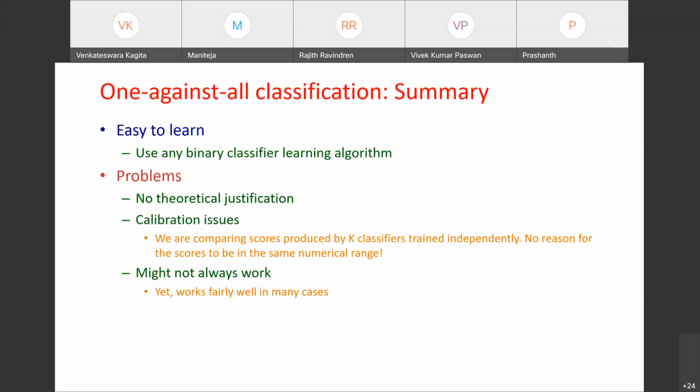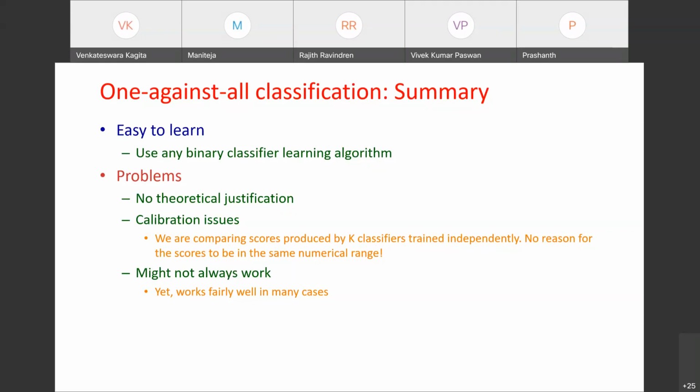You're not learning them simultaneously, you're learning them individually and independently. So you cannot compare the scores produced by k classifiers that are trained independently. So this might not always work.